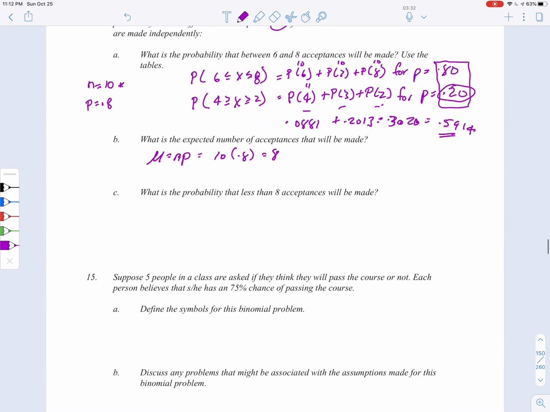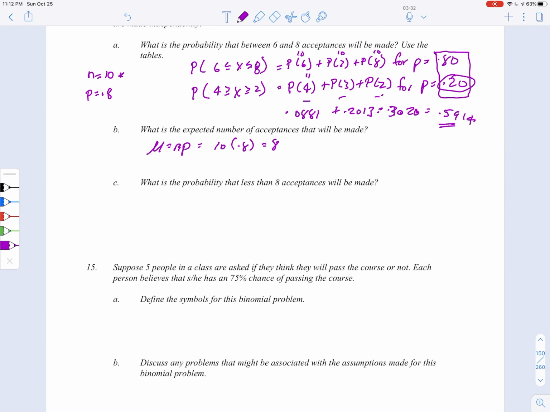That's all it is. What's the probability that less than 8 acceptances will be made? Well, how I do this is x takes on the values of 0, 1, 2, 3, 4, 5, 6, 7, 8, 9, 10.